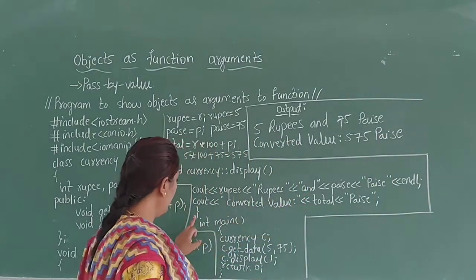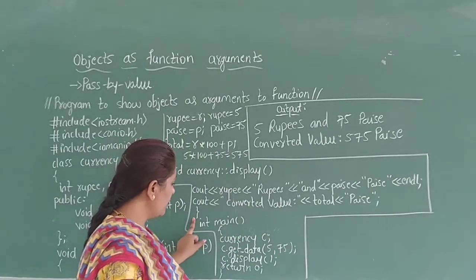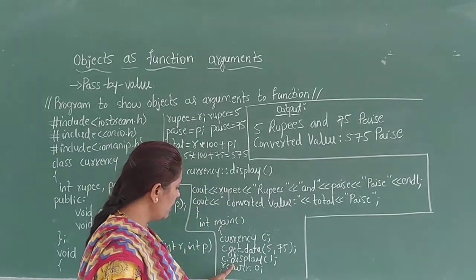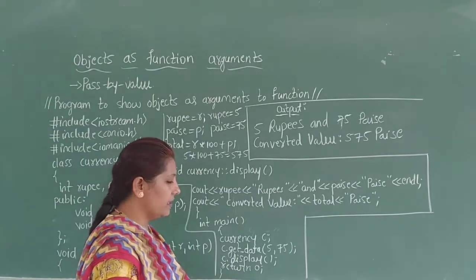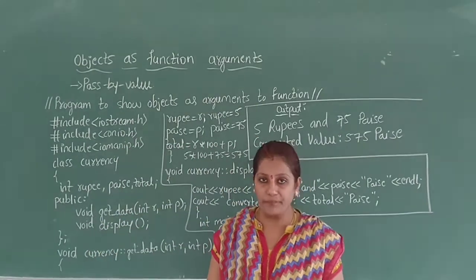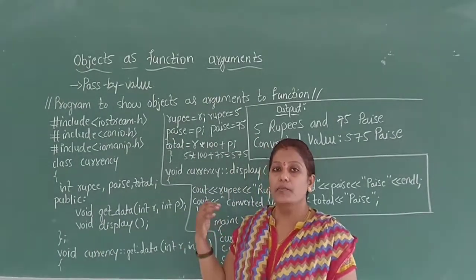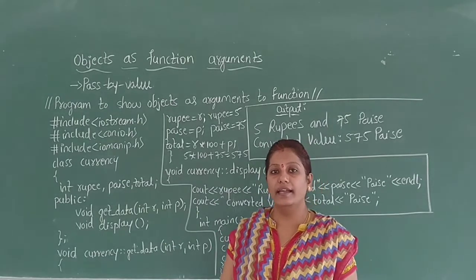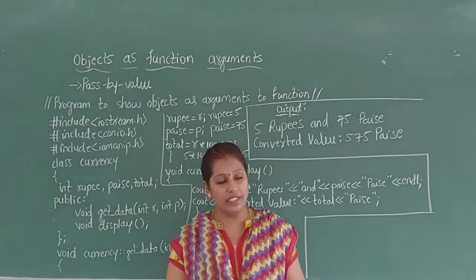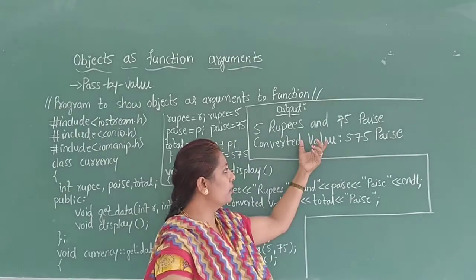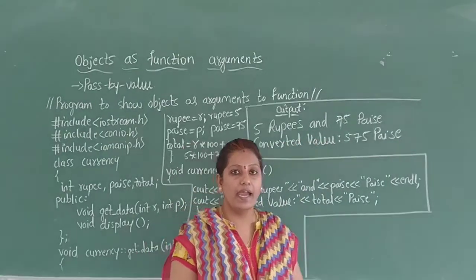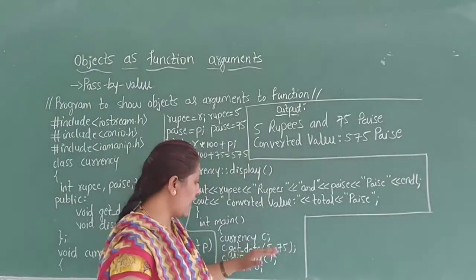Yes, then it ends the display function and again goes to the main function, and the next statement is return 0. Then it returns the value back and ends the program. This is the final output of this program, and here we use the pass by value method.